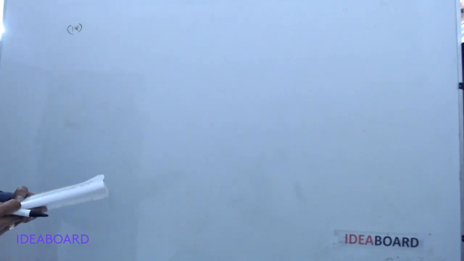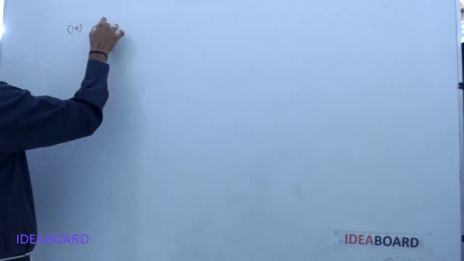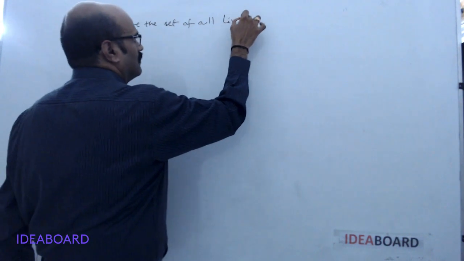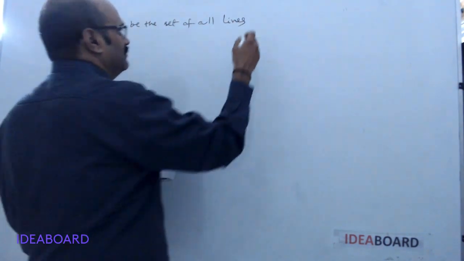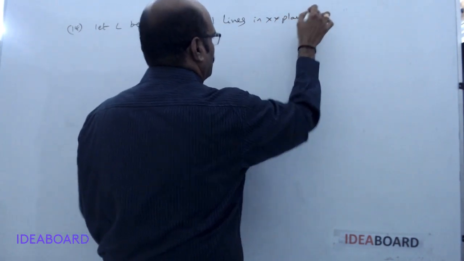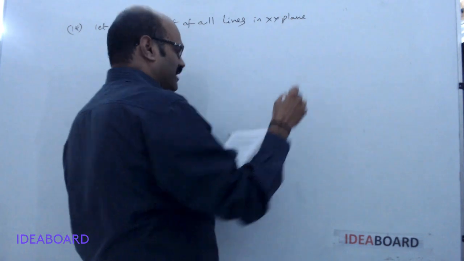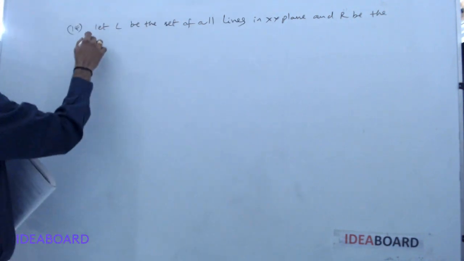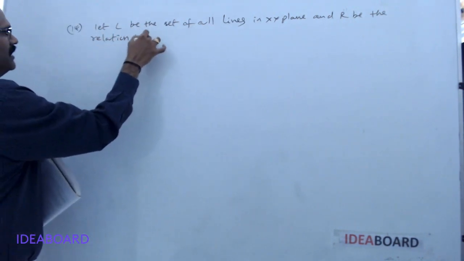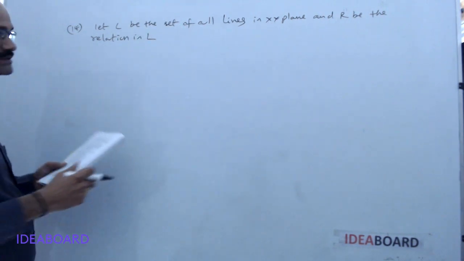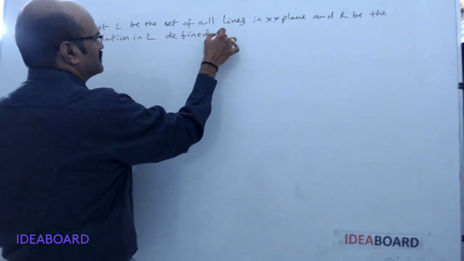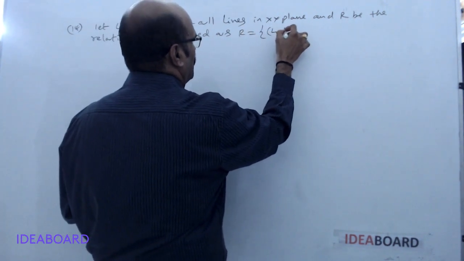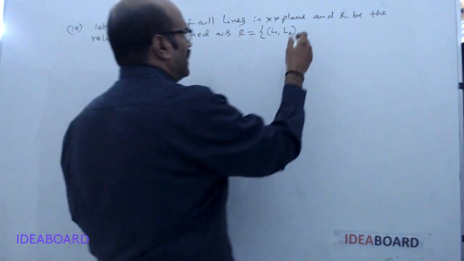14. Let L be the set of all lines in xy plane and R be the relation in L defined as R equal to L1 comma L2 such that L1 is parallel to L2.